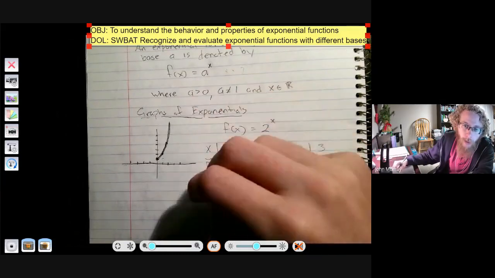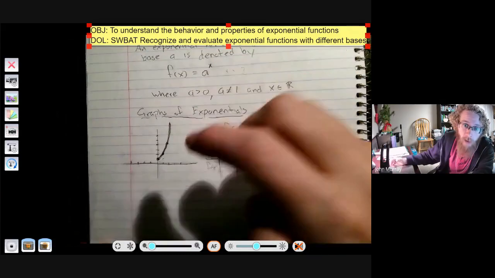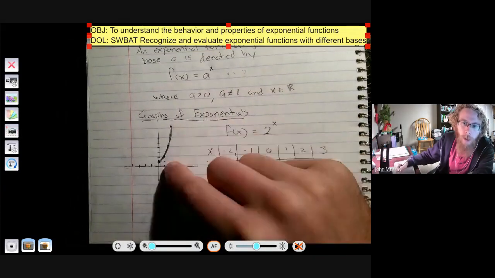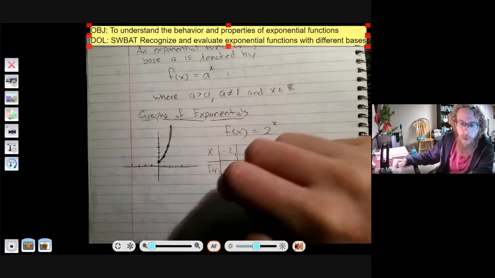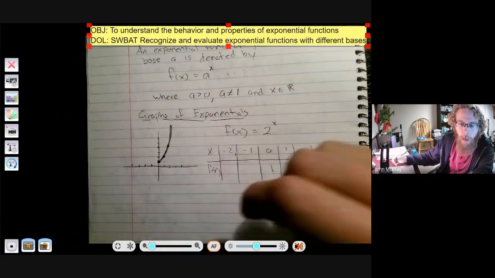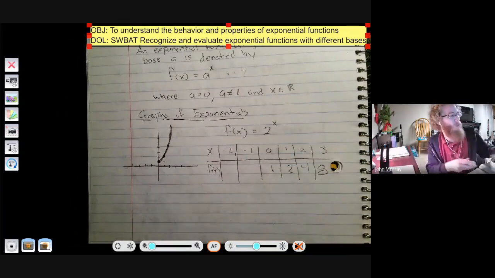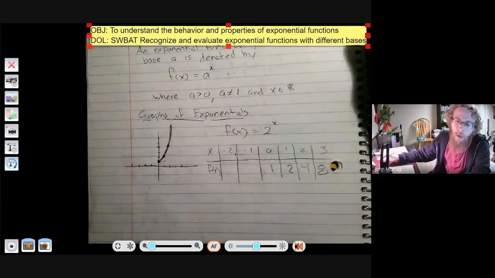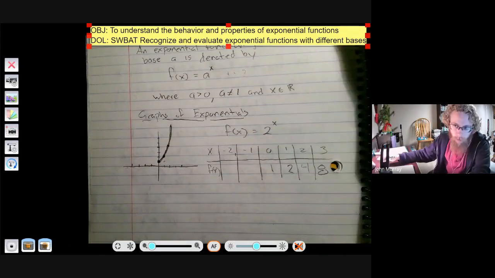So when we're talking about things like diseases, when you hear the term exponential growth, it gets out of hand very quickly. Okay. Let me just see something real quick. Yeah, if I go up to 2 to the 10th, 2 to the 10th is over 1,000.